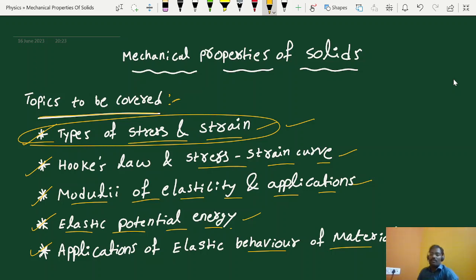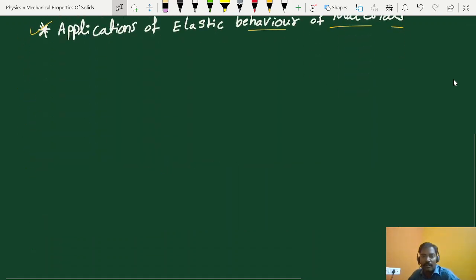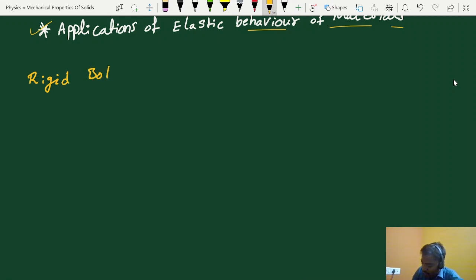My dear students, before entering into the actual topic, let us define basic terms such as the meaning of rigid body, the meaning of deformation force, the meaning of restoring force, elasticity definition, plasticity definition. These are the basic terms you have to understand before proceeding further.